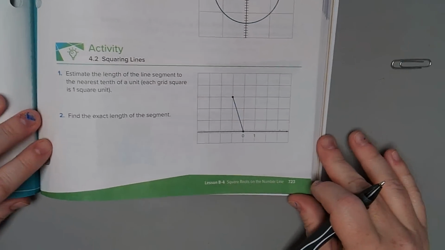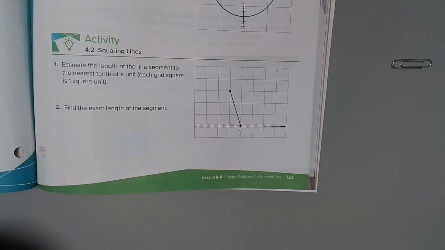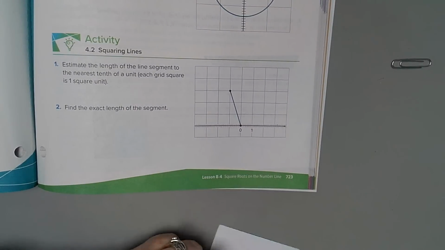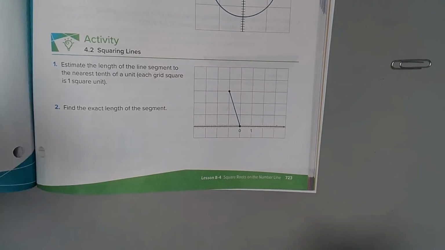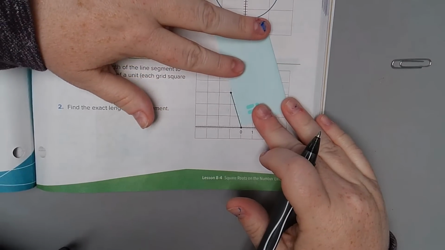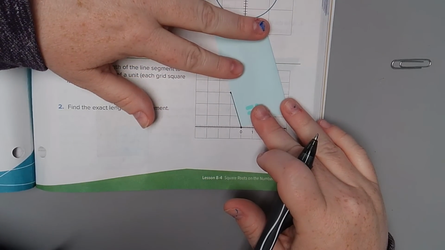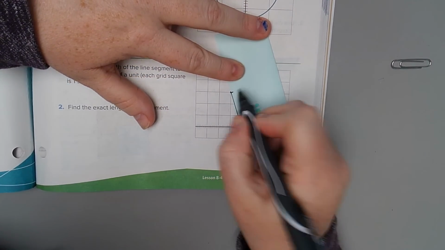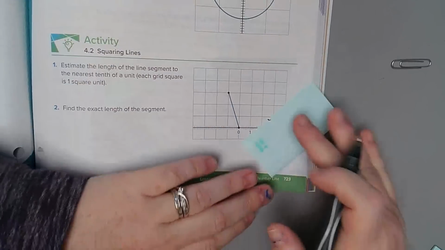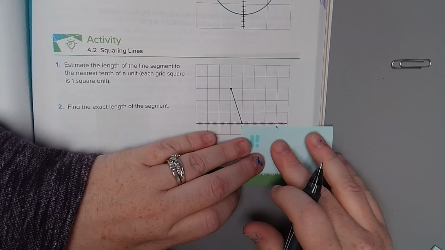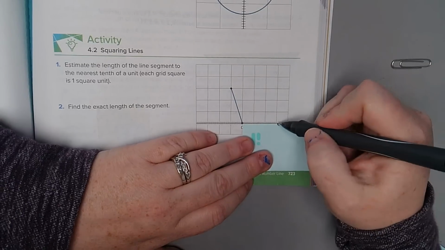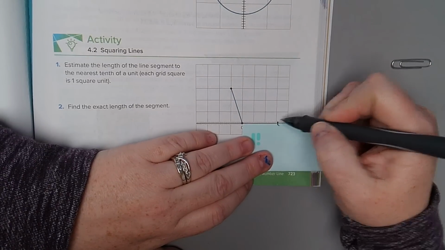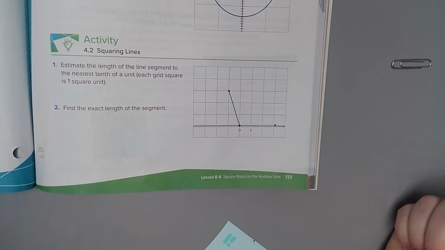Next, we have a line. Estimate the length of the line to the nearest unit. Okay, well, my line is that long. Now if I go and put this on 0 and line it up, it's about here.